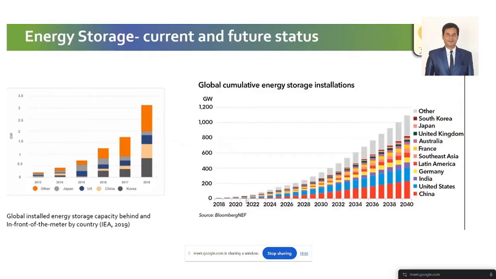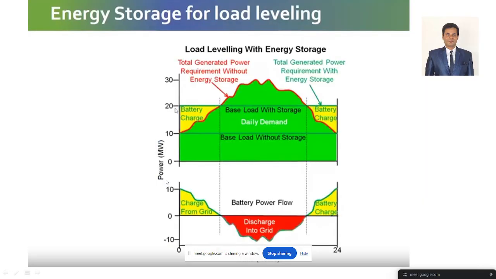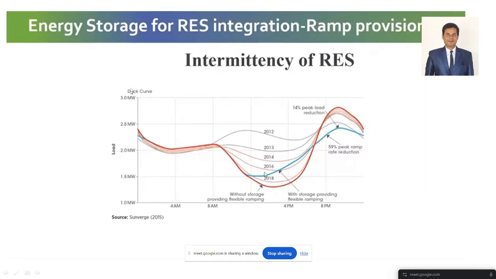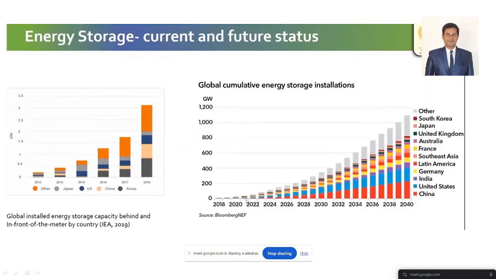Energy storage in the current and future status, you can see with respect to the global cumulative energy storage installations, right? Since 2010 it is drastically increasing because of the production and the consumption of the energies, right? Earlier we were thinking about the megawatt, right? Now we have to think in terms of the gigawatt.